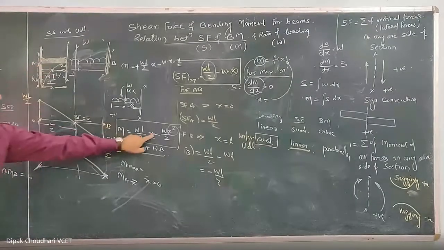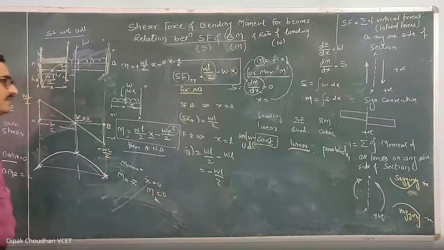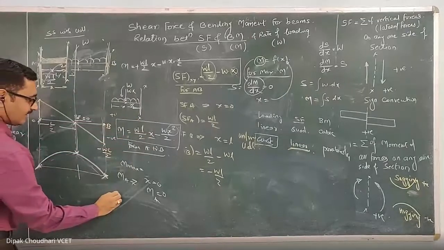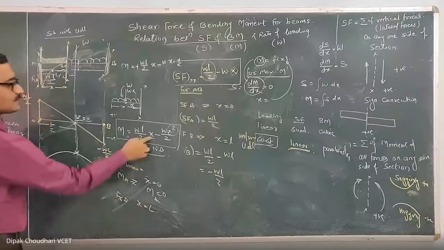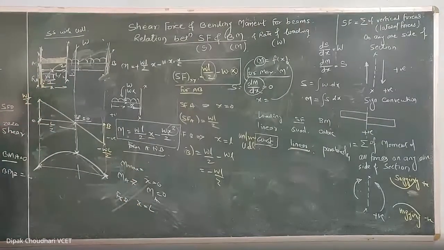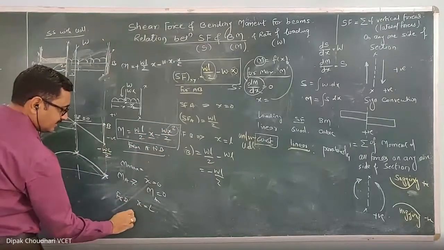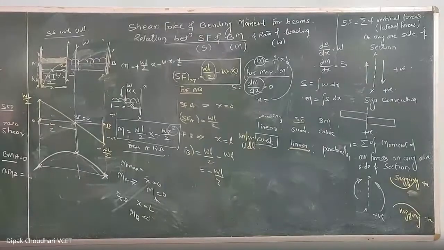If I substitute x equal to 0, the bending moment is equal to 0 at point A. And to calculate the bending moment at point B, substitute x equal to L. If you substitute x equal to L, yeah, so it is WL square by 2 minus WL square by 2. So it will again be 0. The bending moment at point B will also be equal to 0. So by using this equation also we can calculate it.